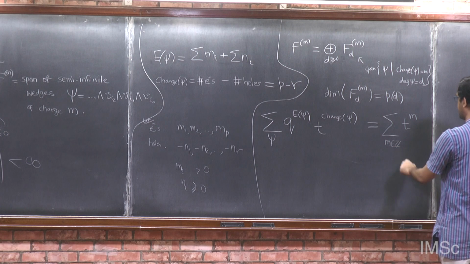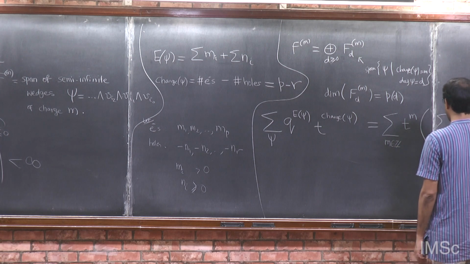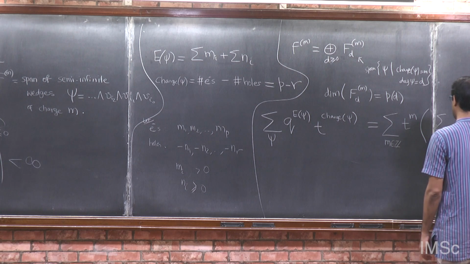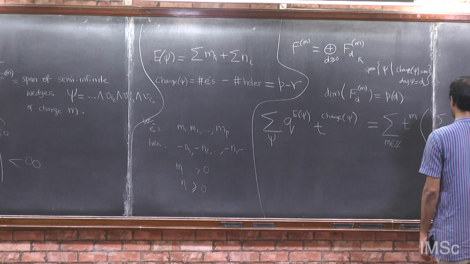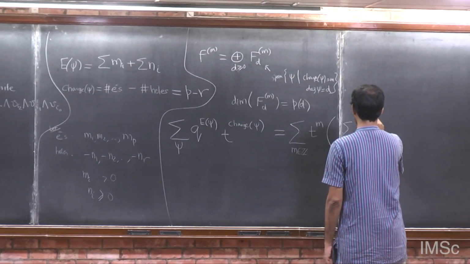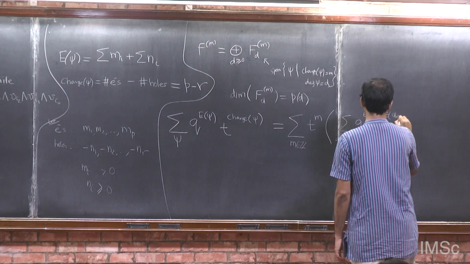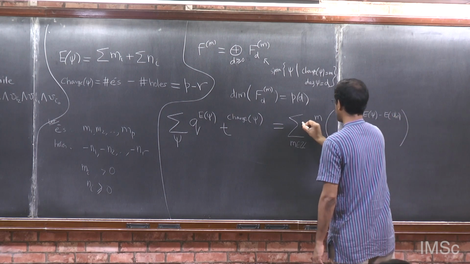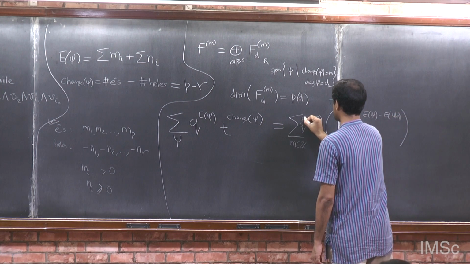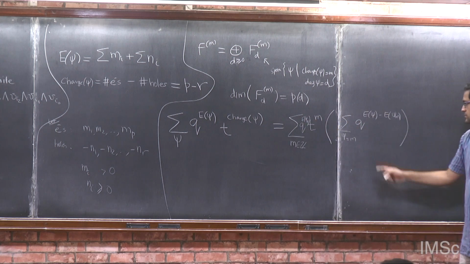So I get the summation over m in Z of t to the m, and what's left is the summation over all psi of charge m. I only sum over those of charge m, of q to the energy of psi. But let me also add and subtract the energy of psi_m, and put the energy of psi_m outside. Now what is this?